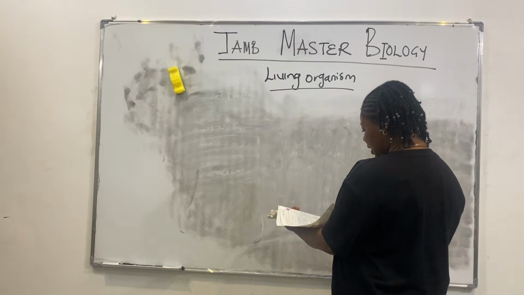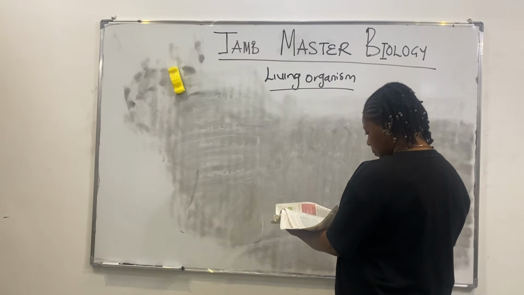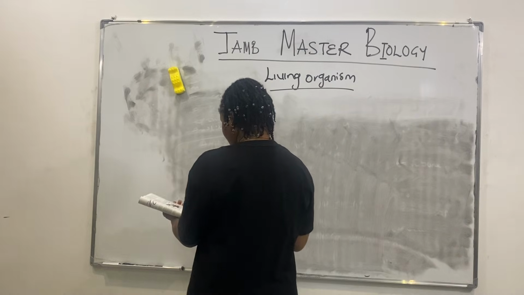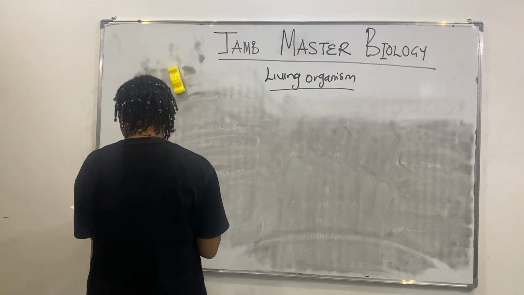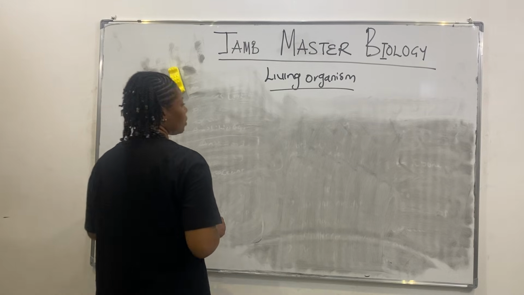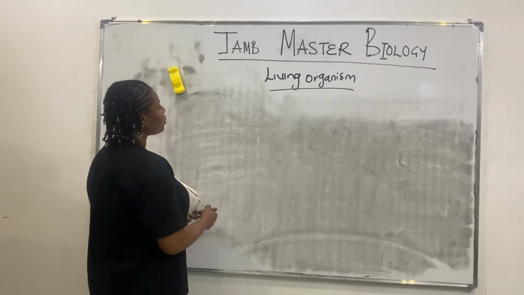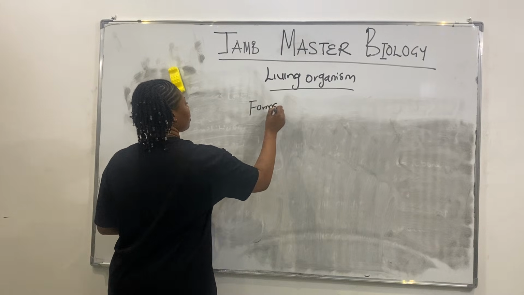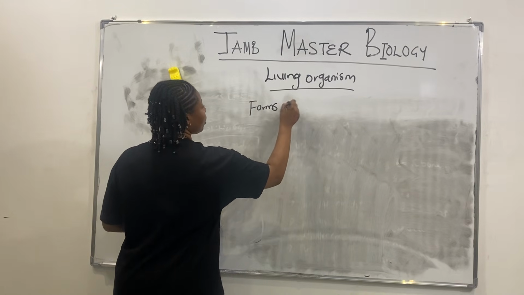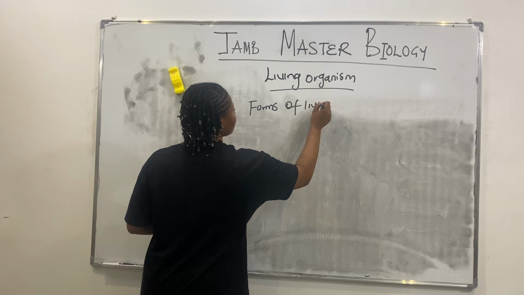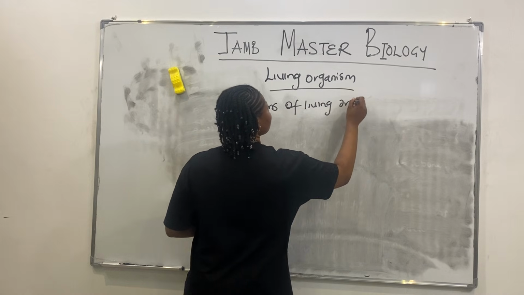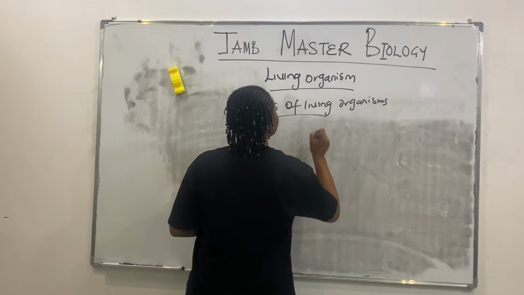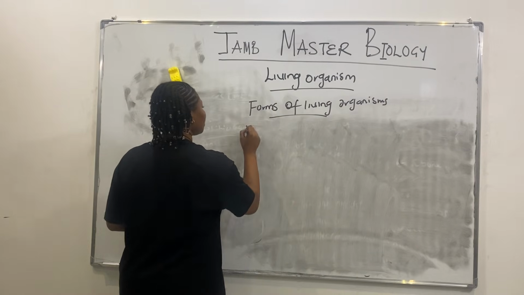We are going to be looking at the forms of living organisms. This means the forms in which living organisms exist. Number one, free living.